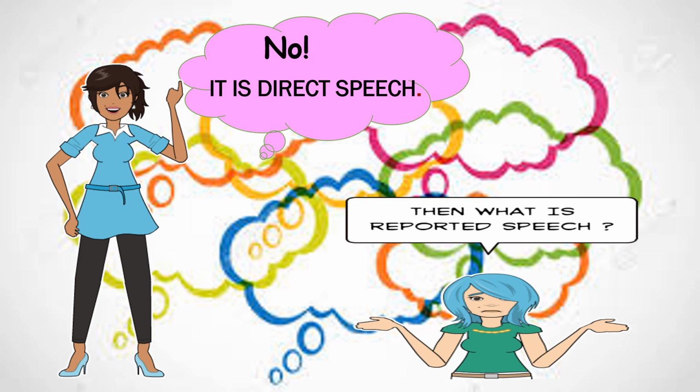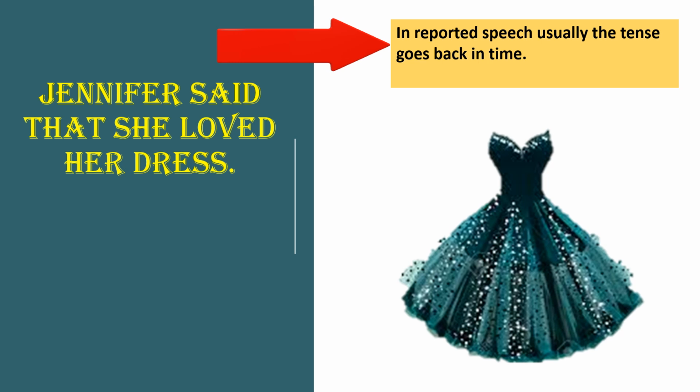We also may need to change other words that were used, for example, pronouns. So the right answer for that statement in reported speech would be Jennifer said that she loved her dress. Did you notice in this example how, when we changed it into reported speech, the tense changes from present to past?